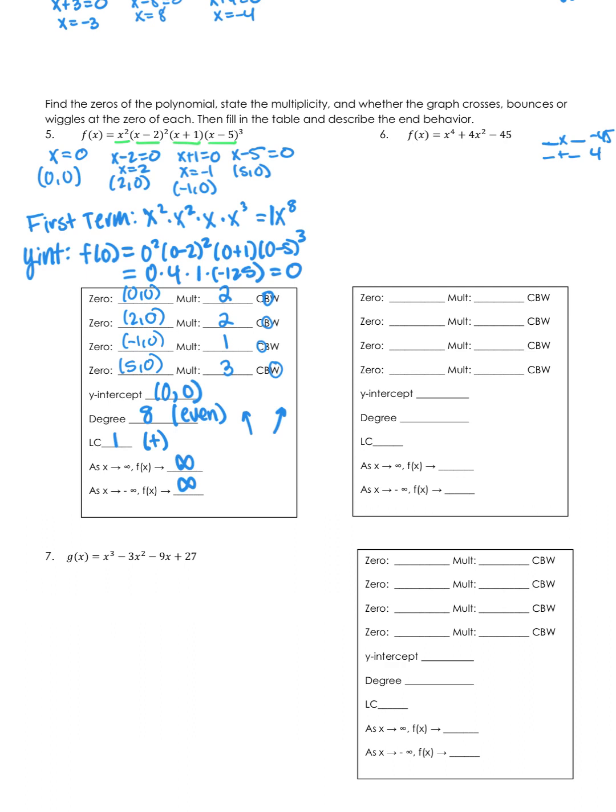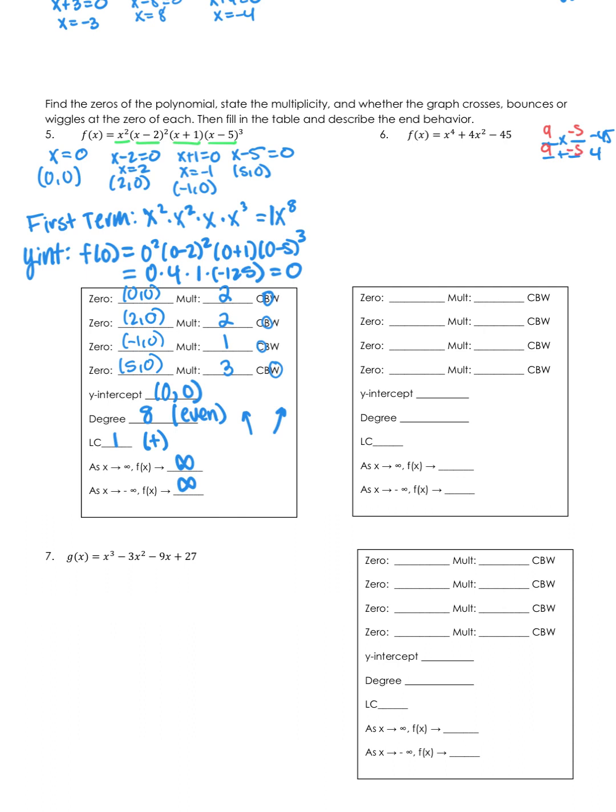I'll give you a minute to figure out those numbers. Should be 9 and negative 5, but be careful here.